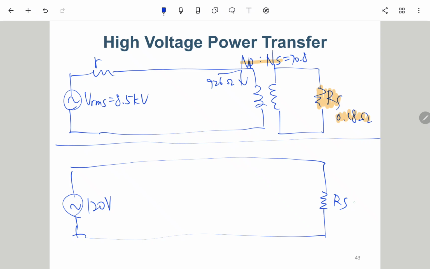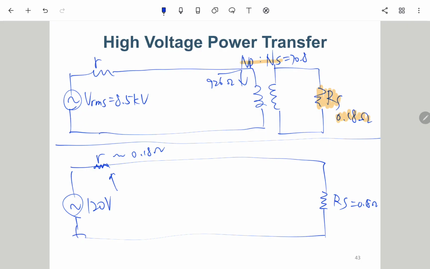So this is 0.18 ohm, and then the wire is really long, can be kilometers long, or even tens of kilometers. In that case, if the wire resistance is comparable to this 0.18 ohm, then quite a lot of energy will be consumed by the wire.